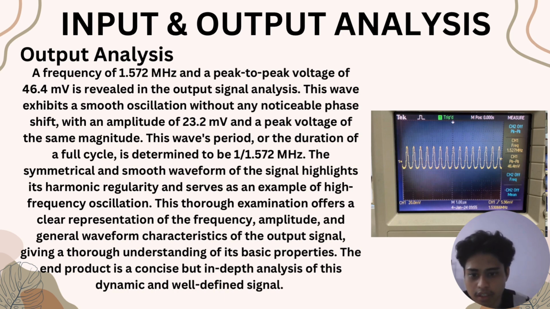The symmetrical and smooth waveform of the signal highlights its harmonic regularity and serves as an example of a high frequency oscillation. This thorough examination offers a clear representation of the frequency, amplitude, and general waveform characteristics of the output signal, giving a thorough understanding of its basic properties. The end product is a concise but in-depth analysis of this dynamic and well-defined signal.